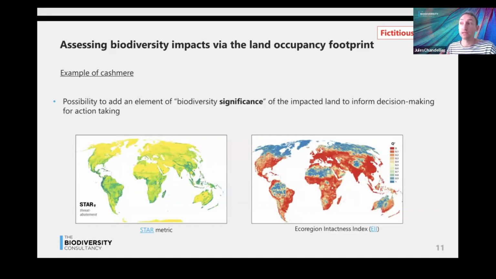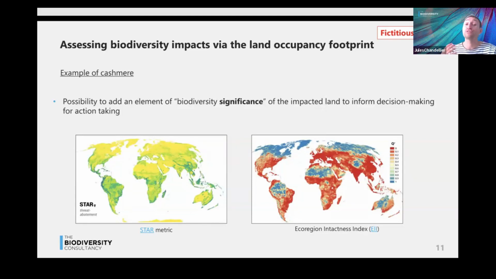Land use change can be because of mining, for instance, but then it's good to understand where this mining impact occurs on the planet, because biodiversity is not homogeneously distributed on the planet, and the importance of biodiversity is not the same everywhere.